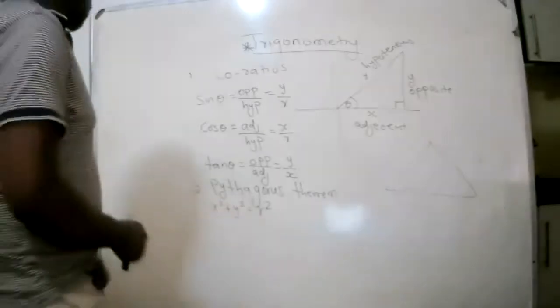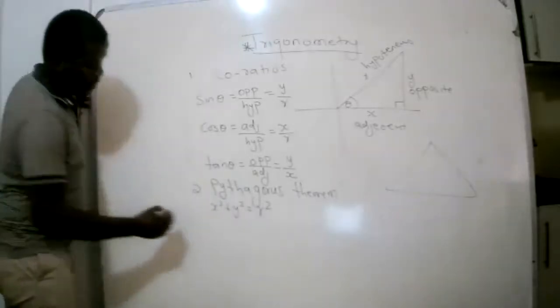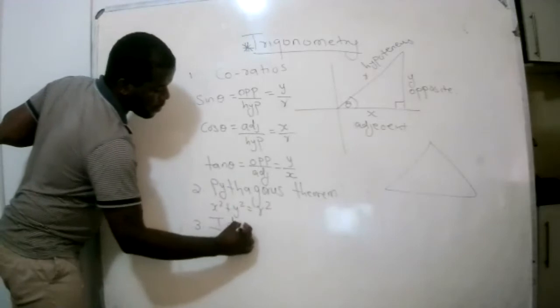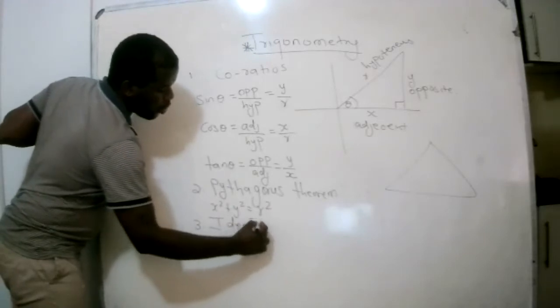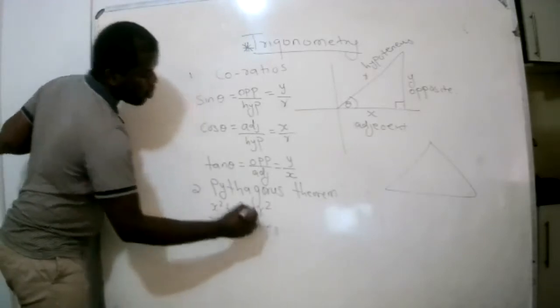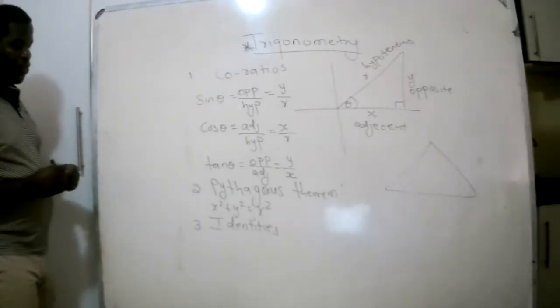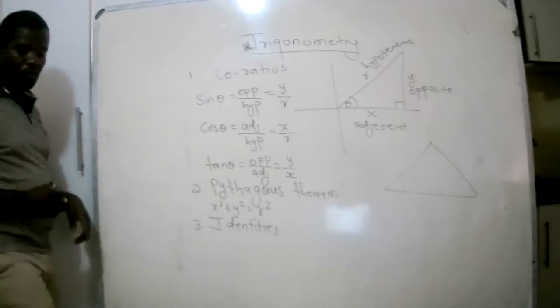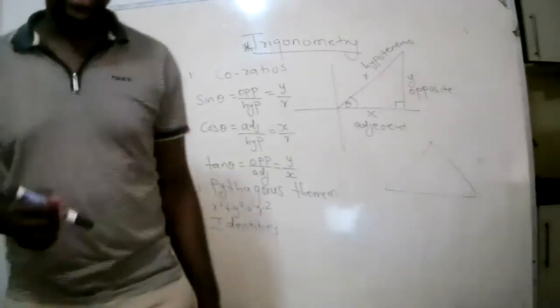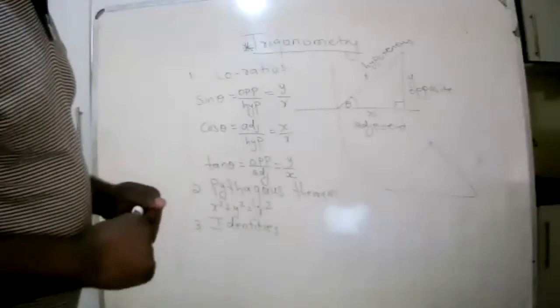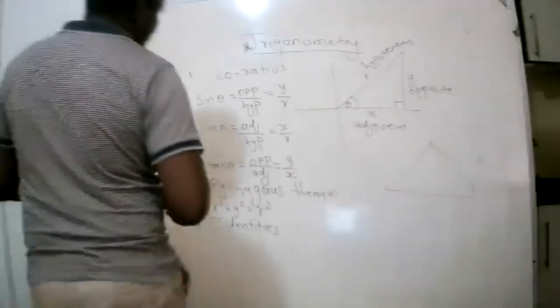All right. So now let me go to the third important one, which is called the identity. Have you heard of the identities before? Amongst you, is there anyone who has heard about what is called the identity? All right. It seems this is a new thing to you.